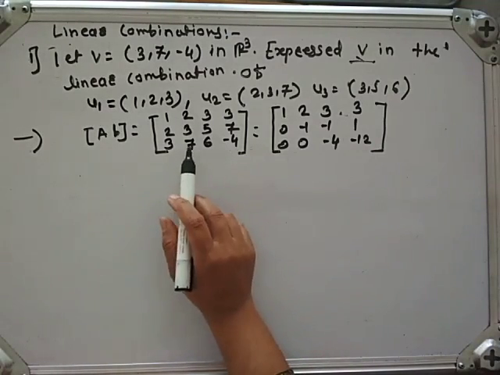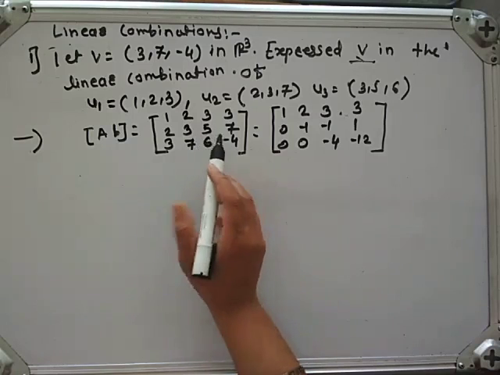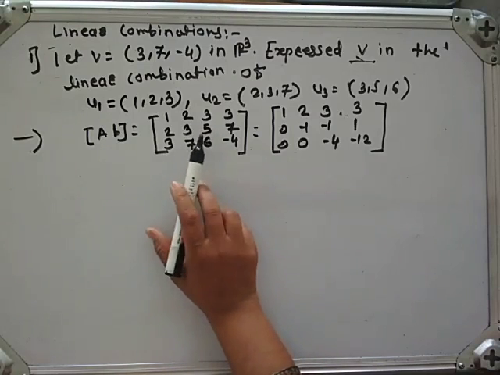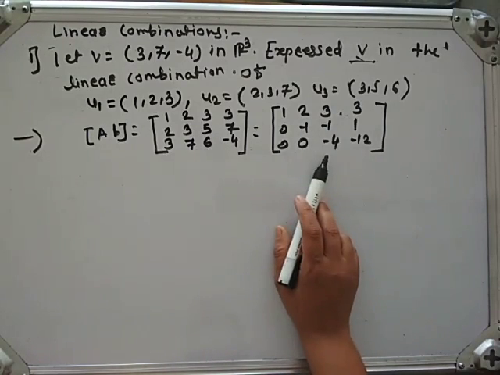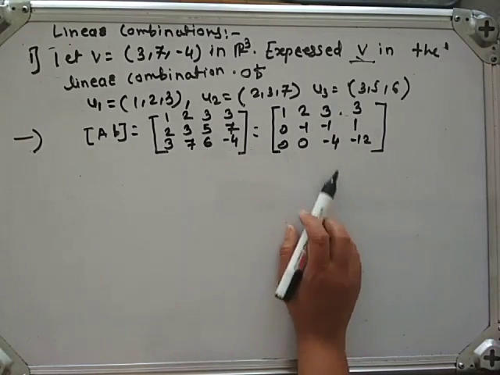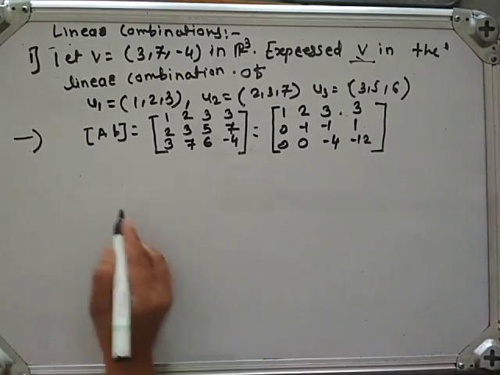Students, here I will give you one exercise: convert this augmented matrix into row echelon form. From this matrix, what we get?